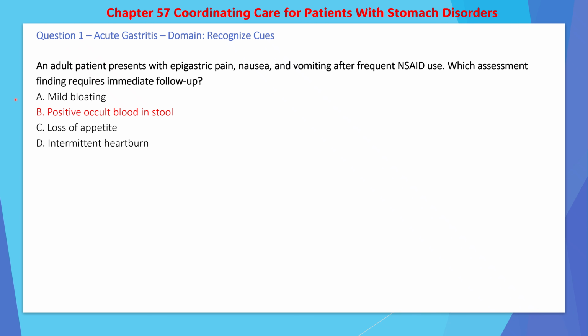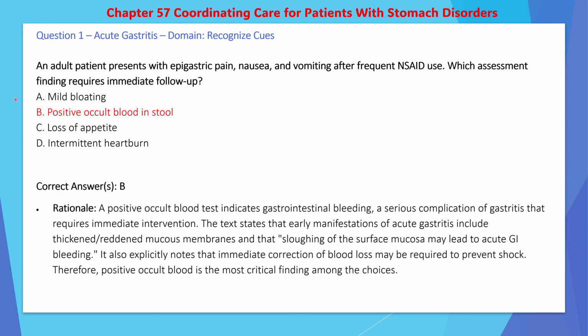So the correct answer is positive occult blood in stool, because a positive occult blood test indicates gastrointestinal bleeding, a serious complication of gastritis that requires immediate intervention. The text states that early manifestations of acute gastritis include thickened, reddened mucous membrane, and that sloughing of the surface mucosa may lead to acute GI bleeding.